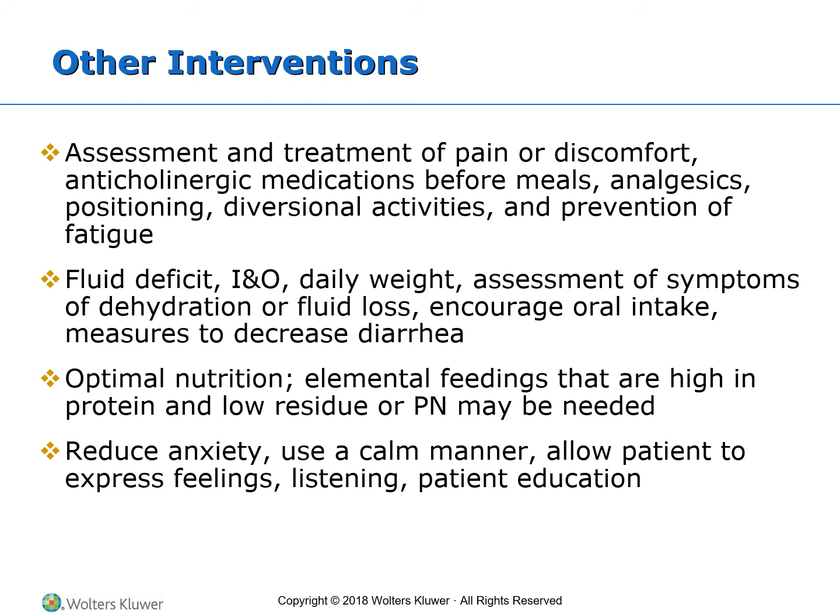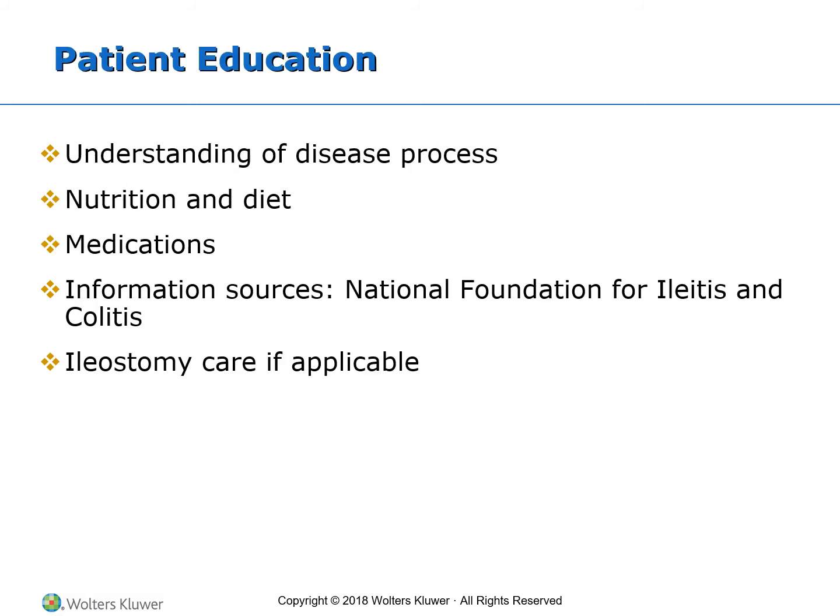Help them with self-image. They might have self-image issues related to the smell because it can be a pretty strong odor whenever they have loose stools. And then provide them with education on everything, what's going on with their body. It's a long-term disease. Find out if there are triggers and teach them about that.